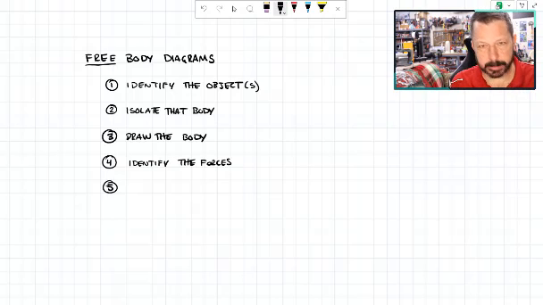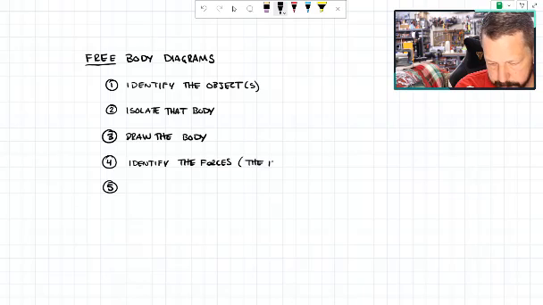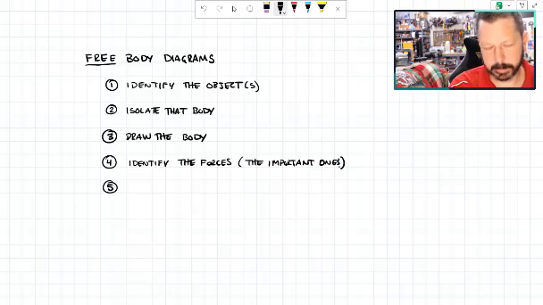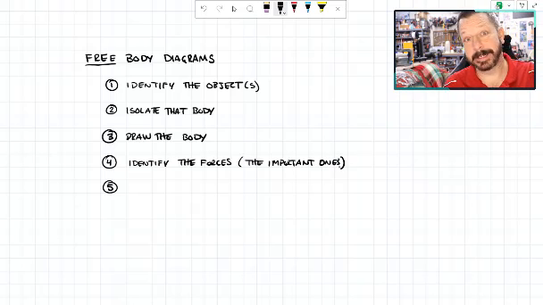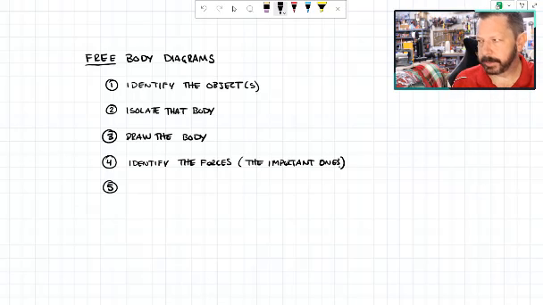Once I've identified all the relevant forces, so the important ones, and figured out there's some that I don't need to worry about, now I need to represent those forces on the body as vectors, like on my picture.